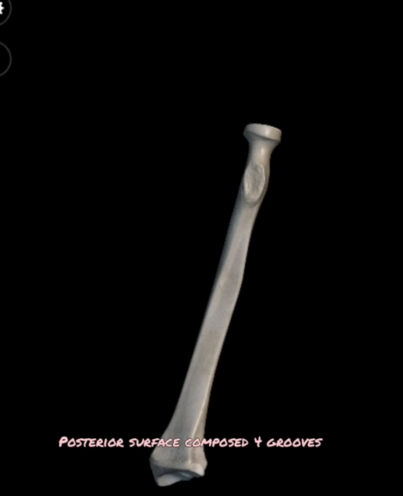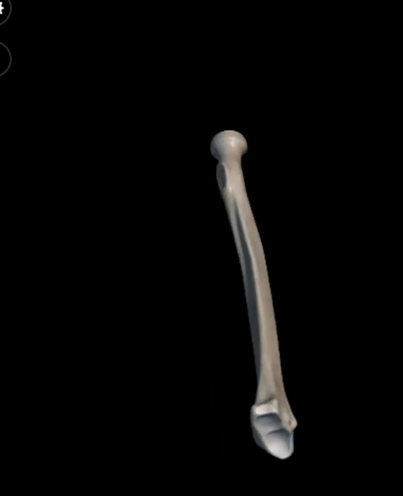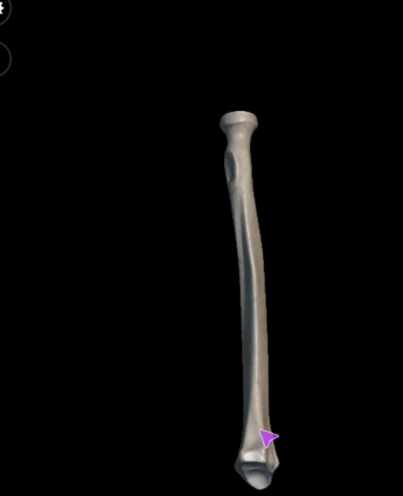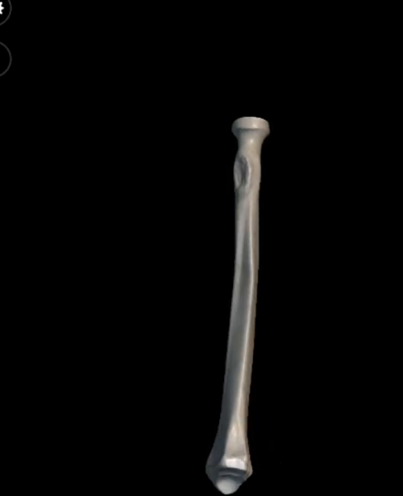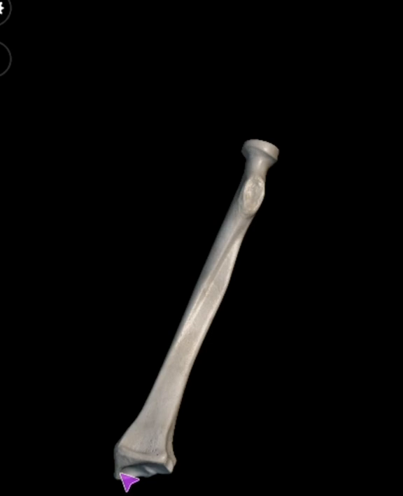The middle groove is occupied by the ulnar notch. You can see this is occupied by the ulnar notch. The lateral surface is prolonged downwards to form the styloid process.